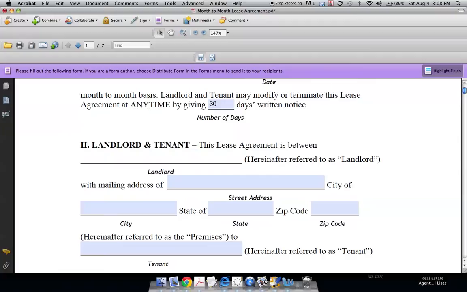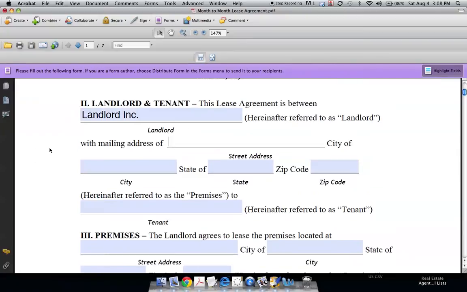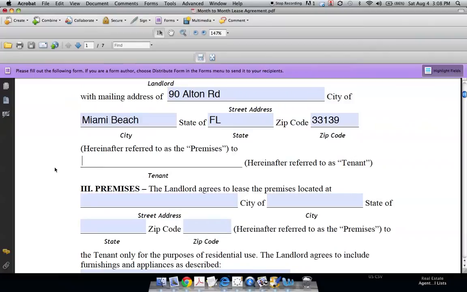This lease agreement is between, we'll just write in, a corporation called Landlord Inc., with a mailing address of, we'll just do 90 Alton Road, which is our office, Miami Beach, Florida, 33139. Tenant, I'll say his name is Joe Schmo.